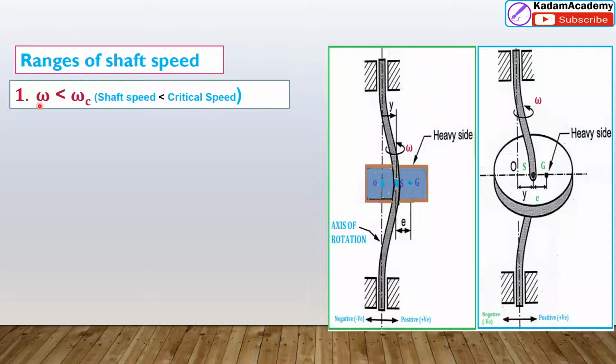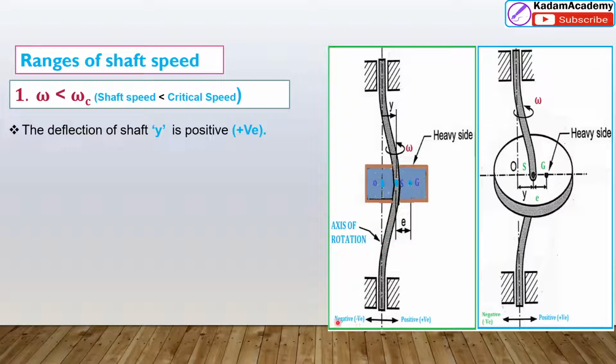In this range, what will happen? The deflection of shaft y is positive. Here, in this case, you can observe the axis of rotation. The shaft is just bent, and this is a rotor with O, S, and G. S is on the shaft, G is on the right side of S, and O is on the axis of rotation.